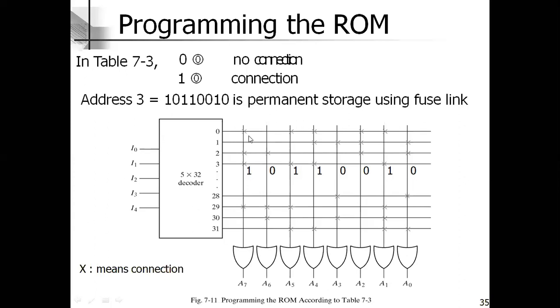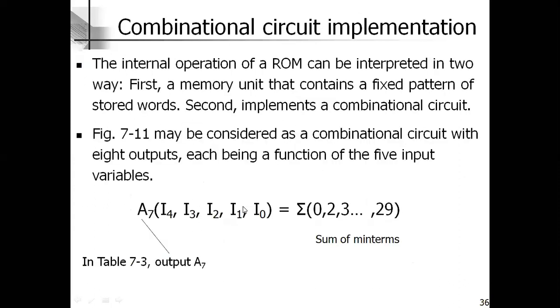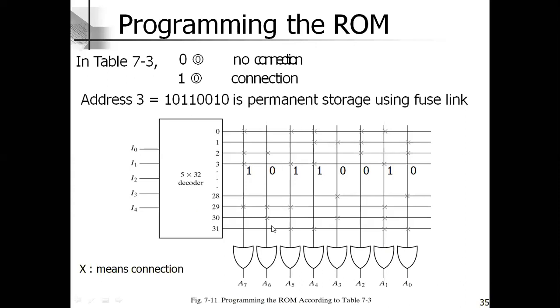Whereas for A6, what is the output? 2, 29, 30.